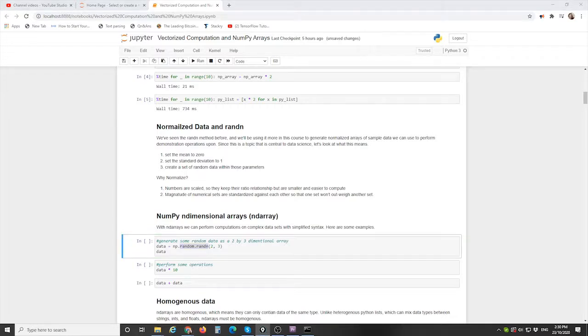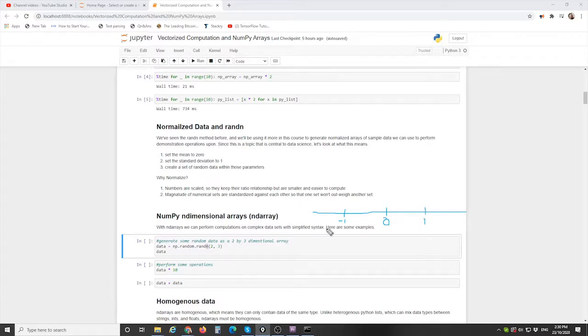randn is rand normalized, and what normalized means, if I can just draw this here. Imagine you have a number line, and this is 0, and this is -1, and this is +1.